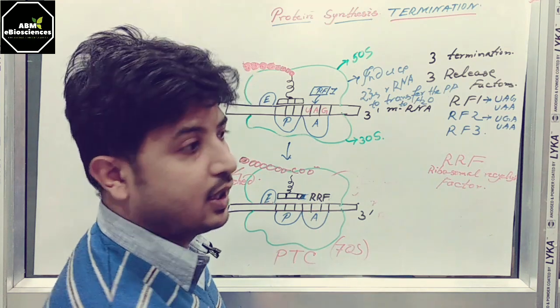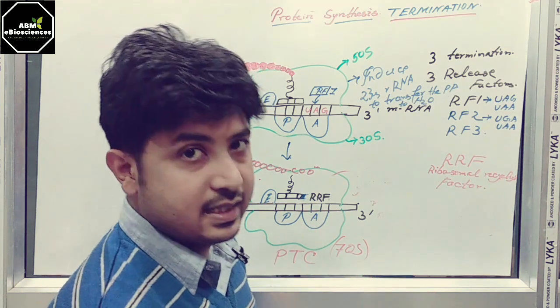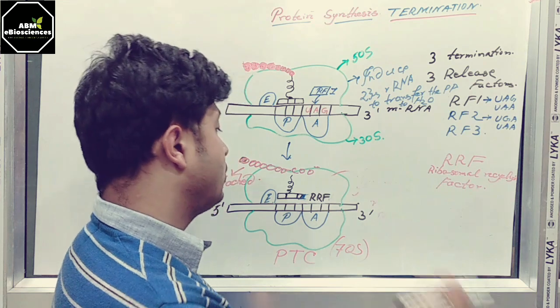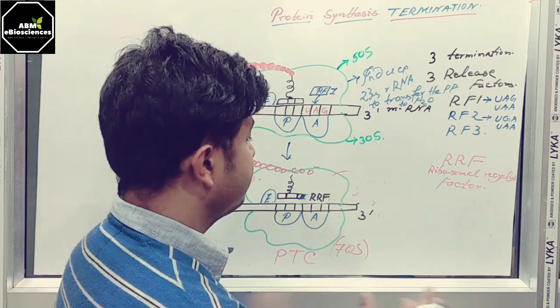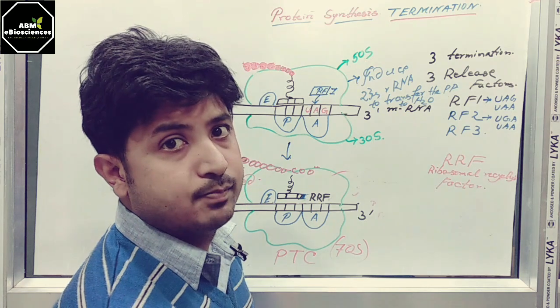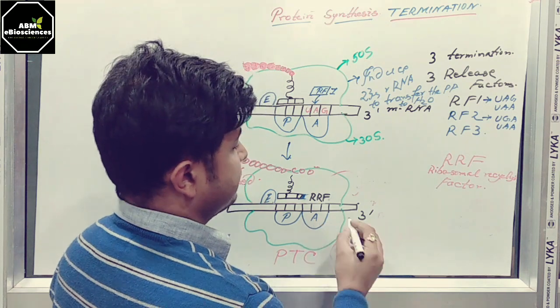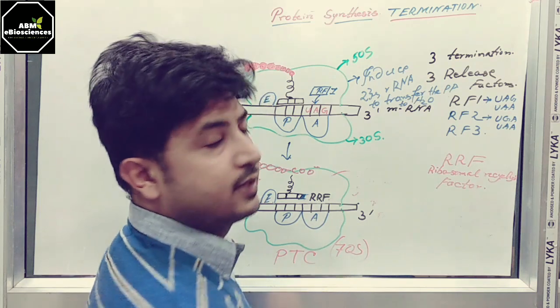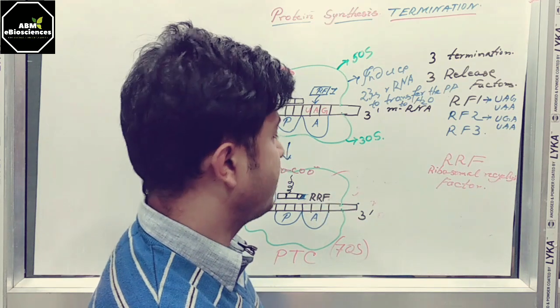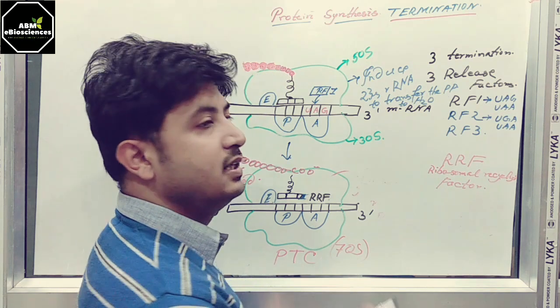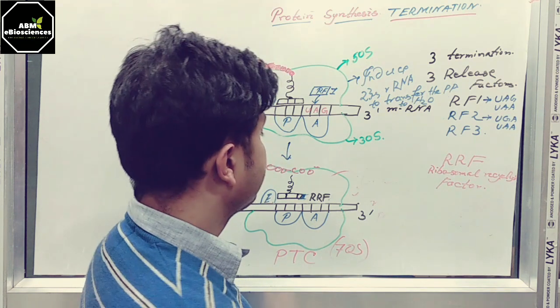So remember that thing, RRF mimics a tRNA, which will now bind to the A site. If RF3 is bound, RRF will compete with RF3 and release it, and bind to the A site.